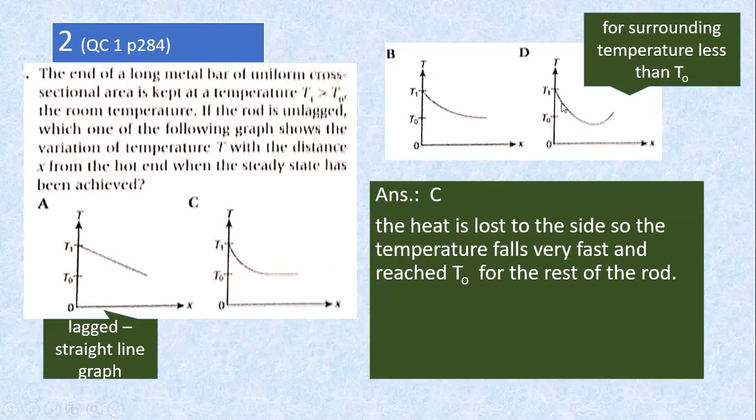So it will lose heat to the room temperature, and then it will go up to T naught again. D happens if room temperature is less than T naught. Must be able to recognize.